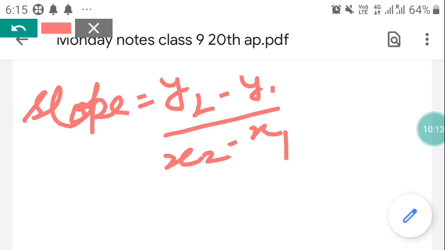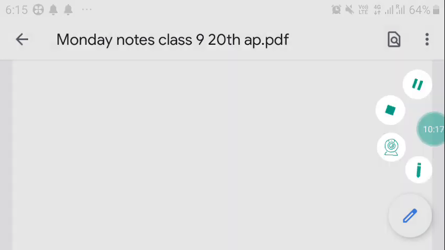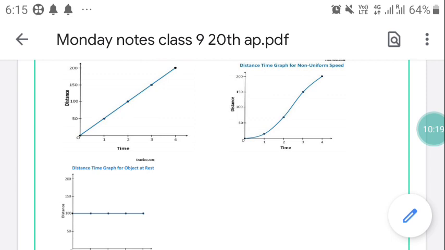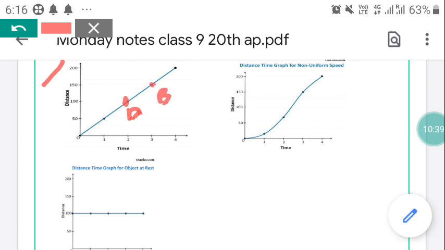If I draw a graph, or see this graph above, and I say calculate the slope of this graph, how will you calculate? First, choose 2 points. Let us consider this point A and this point B.